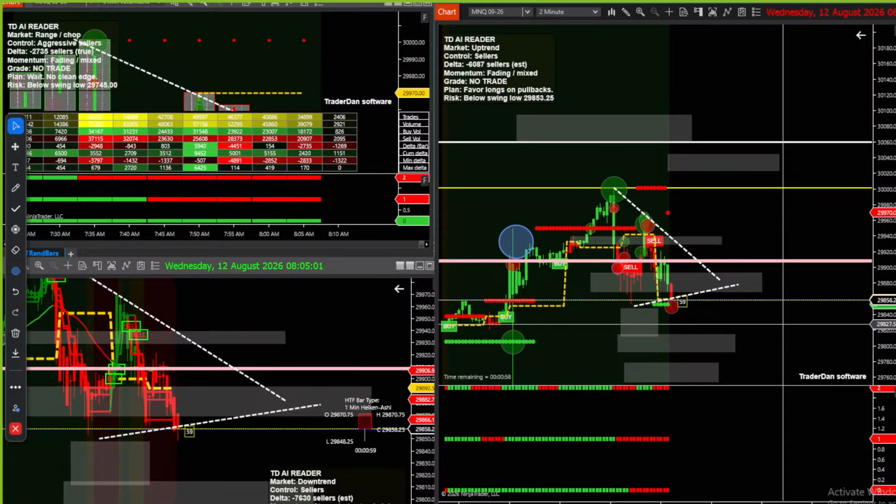All right, so now we're going into a break of structure. Do we get a bounce here?